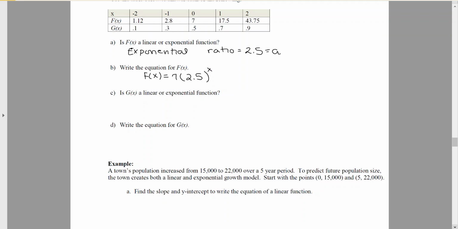With that same idea, we can look at whether g of x is a linear function. And this one might be a little easier to see. It looks like it bumps up by 0.2 each time. Or if I subtract, the difference will be 0.2 in between each of those. So if the difference between terms is constant, we're going to look at g of x being a linear function.